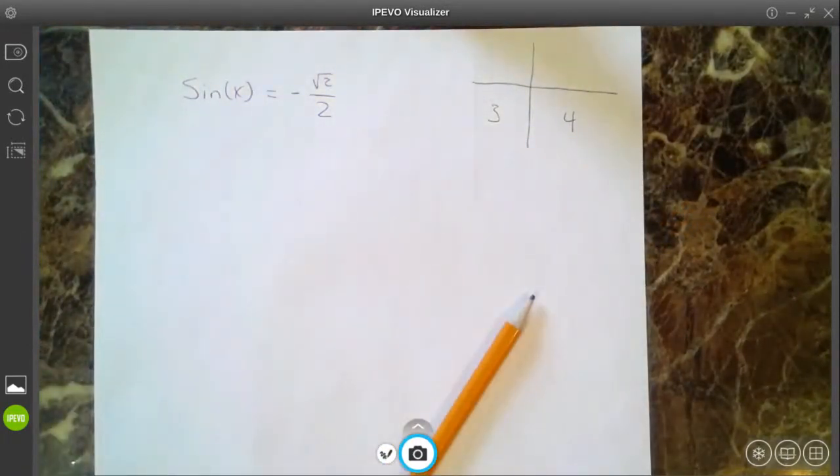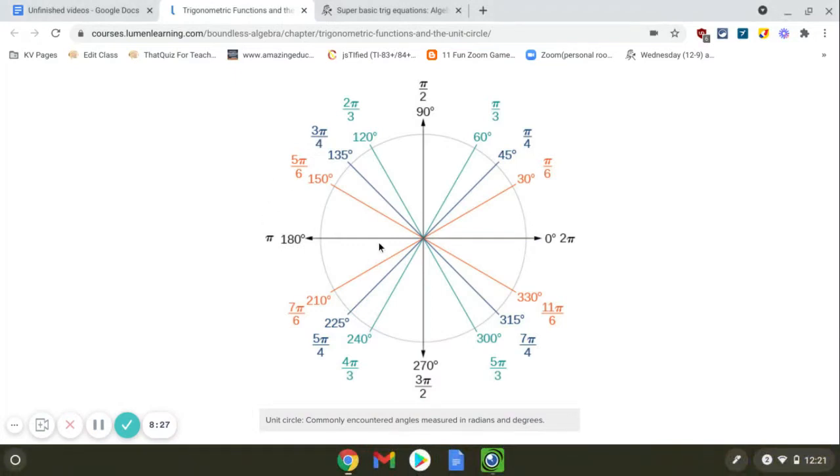So we're looking for the third and fourth quadrant angles that give us a 45-degree angle. That's going to be right here at 225 and right here at 315. Those are the 45-degree angles that are in quadrants 3 and 4.